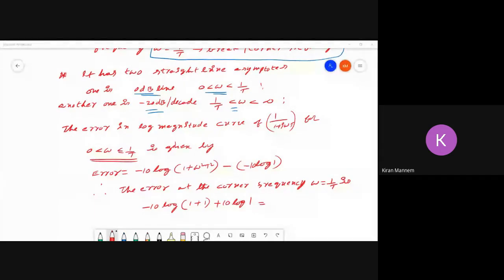Or can I call someone? Chakravarti, can you calculate the value?